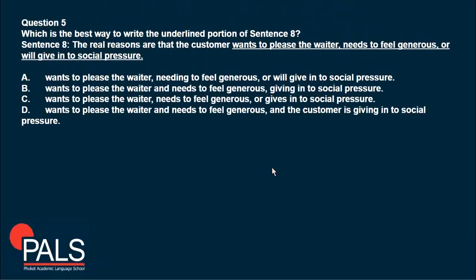Let's go to question number 5. Okay, which is the best way to write the underlined portion of the sentence? The real reason are that the customer wants to please the waiter, needs to feel generous, or will give into social pressure. Now, here's a tip.